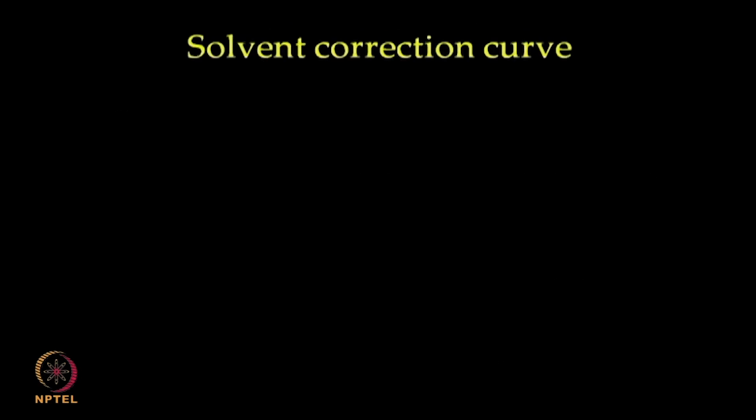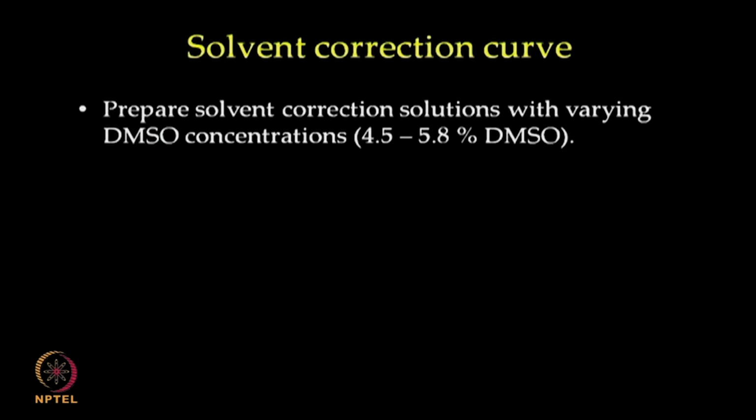That is why we need to prepare a solvent correction curve by preparing solvent correction solutions with varying DMSO concentrations, which will range from 4.5% to 5.8% DMSO.